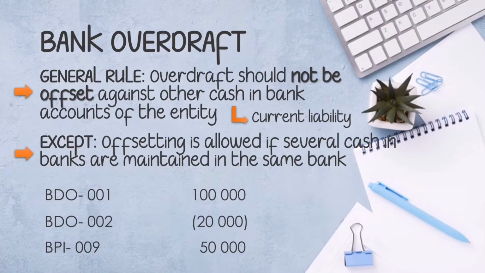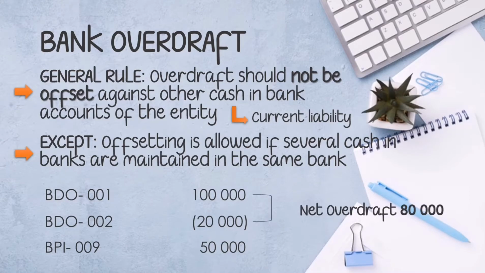As a rule, offsetting is not allowed in the bank overdraft except if two or more accounts are maintained in the same bank. In this illustration, we have two accounts in the BDO, and the other is the overdraft, so we can offset it against the first one. So 100,000 less the 20,000 bank overdraft will give us a net of 80,000.